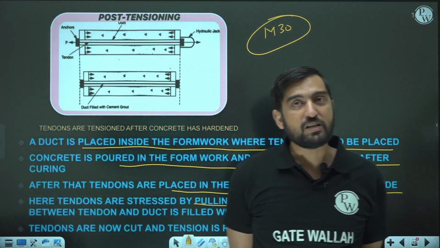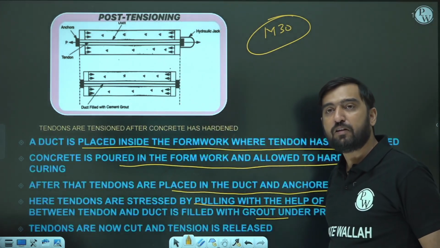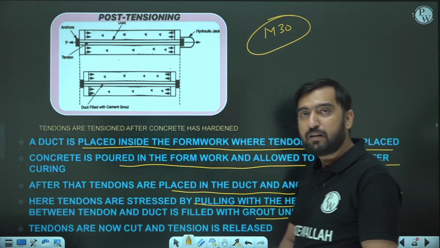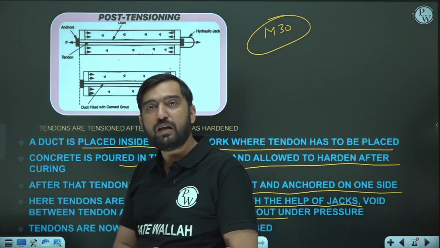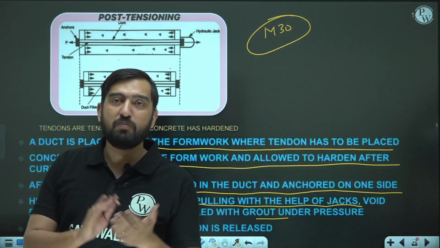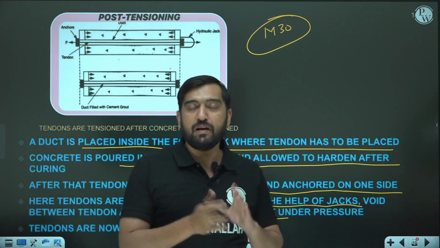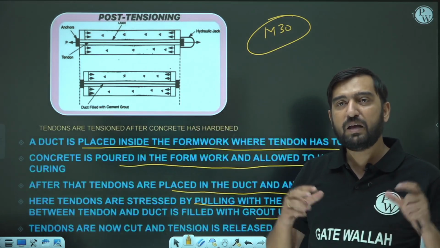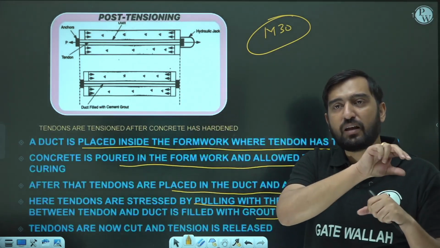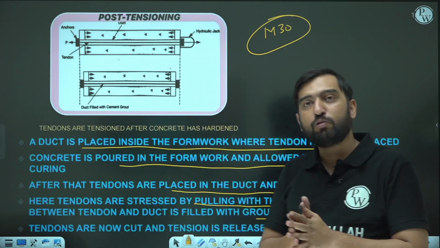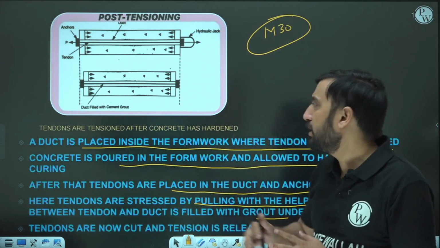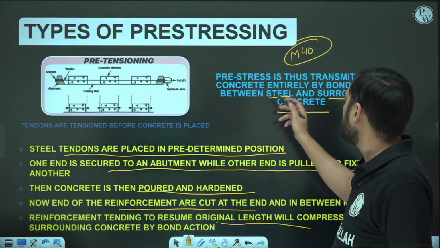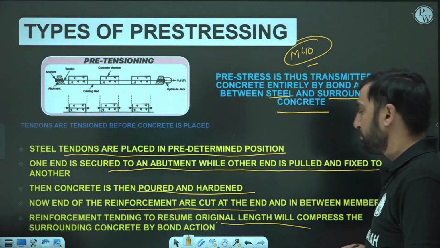So in pre-tension pre-stress concrete, entire stressing is based on the bond action, and in post-tension pre-stress concrete, entire stressing is based on bearing reactions and bearing stresses. And bearing is relatively easier than transferring force through the bond. Okay, so therefore here M30 will also work for you, whereas in pre-tension pre-stress concrete it is going to be M40.